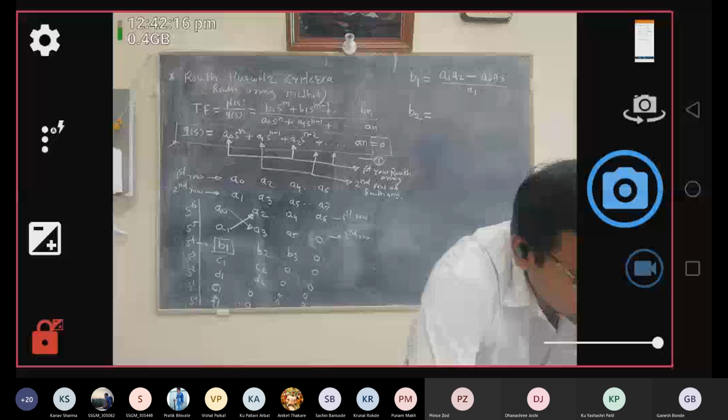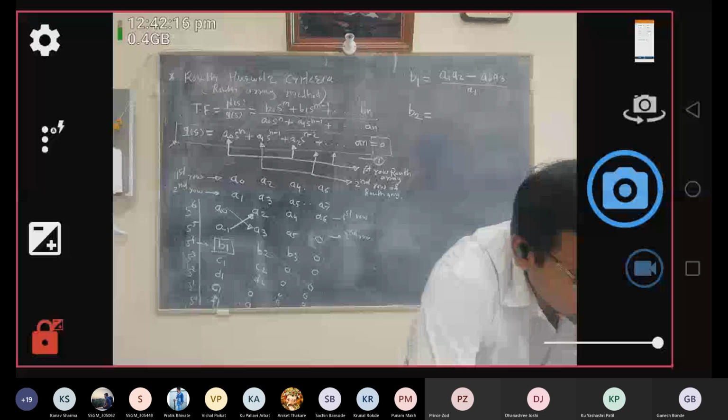So I just give you the example. I just repeat this step. s raised to 6, s raised to 5, s raised to 4, s raised to 3, s square, s1, and here s raised to 0. What are the elements in the first column of your Routh array? These are the very important elements, and with the help of those elements, we can determine the stability. The elements in the first column are A0, A1, B1, C1, D1, E1, and F1.